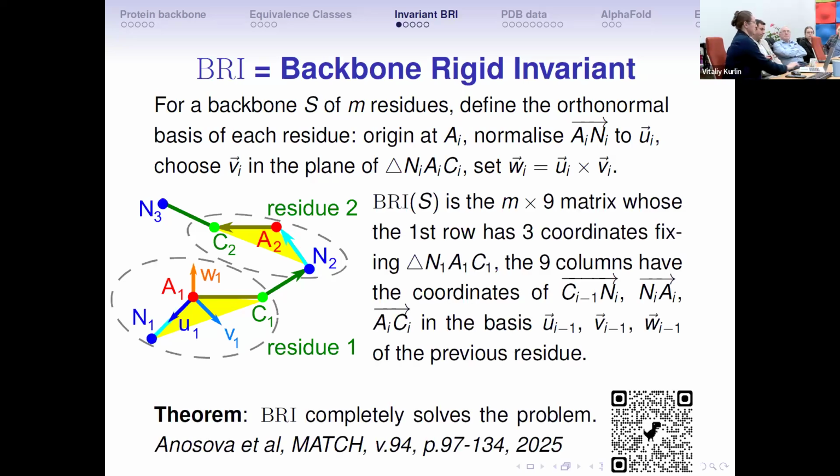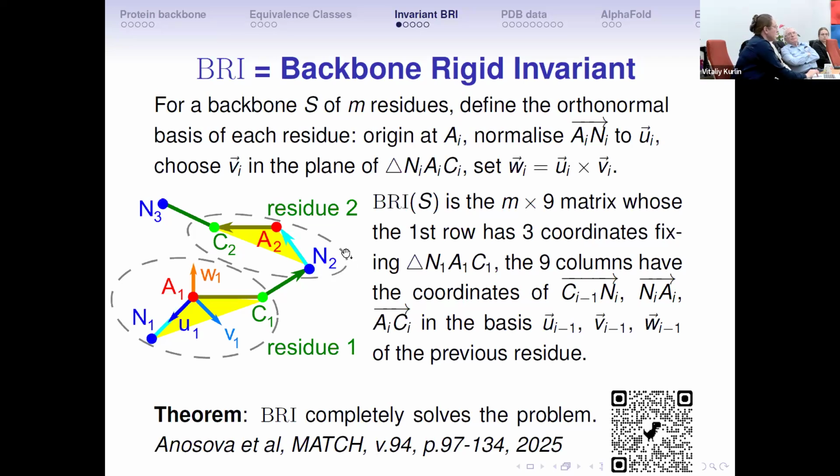Well, more precisely, in the first residue, we take N nitrogen, alpha carbon, and carbon, and introduce the orthogonal bases with the center at alpha carbon, which were also strategically chosen to allow possible extensions to take into account side chains.